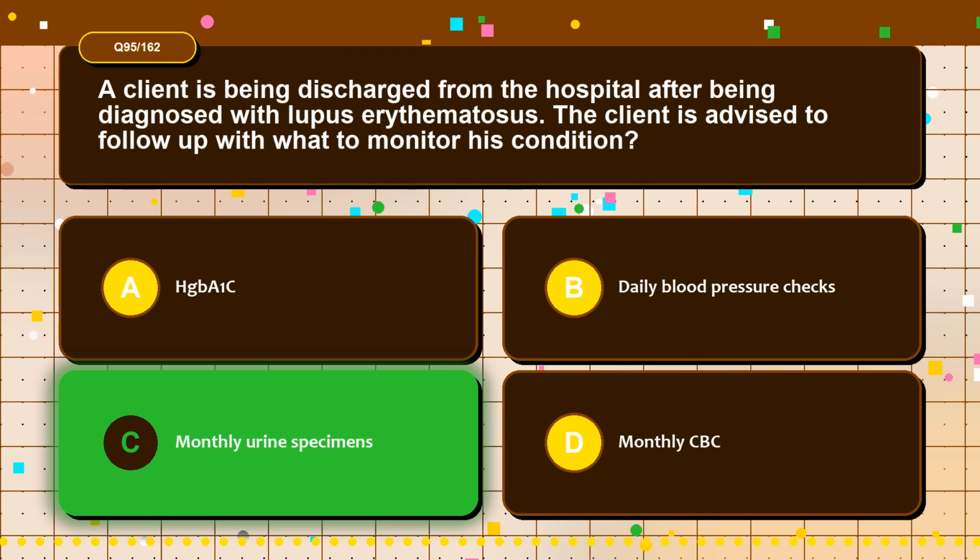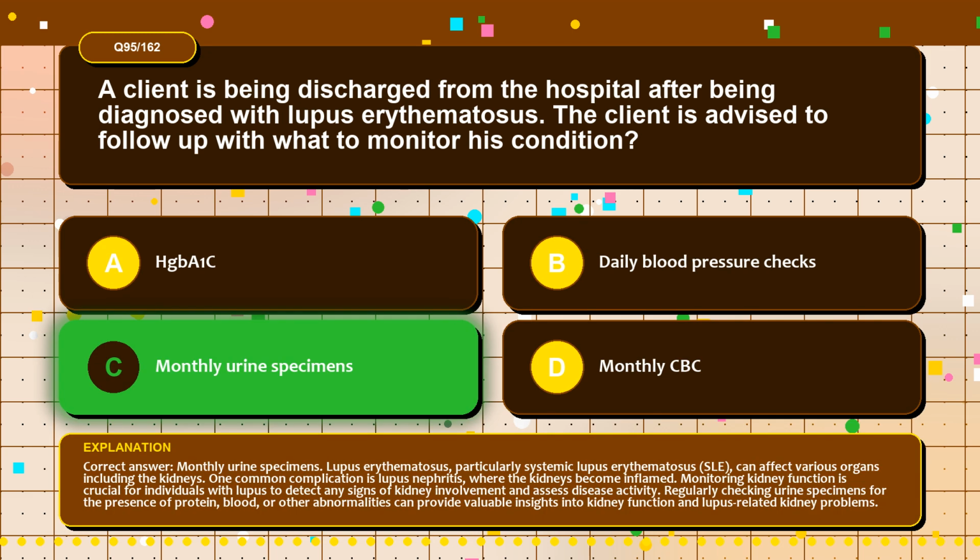The correct answer is option C, monthly urine specimens. Lupus erythematosus, particularly systemic lupus erythematosus, SLE, can affect various organs including the kidneys. One common complication is lupus nephritis, where the kidneys become inflamed.